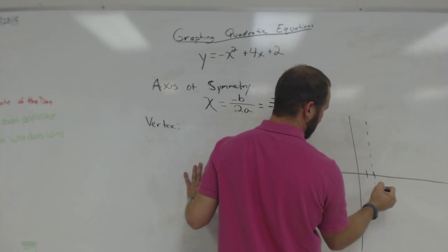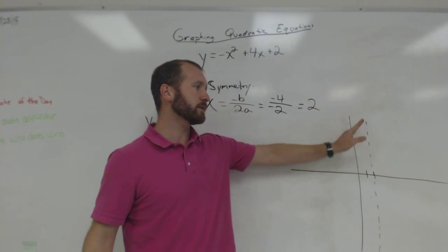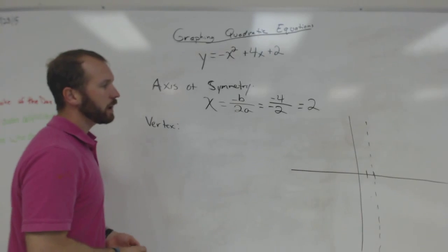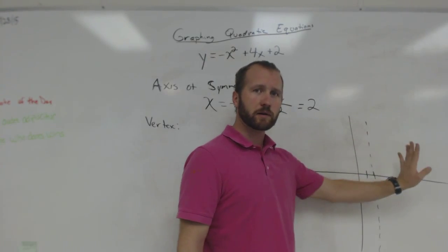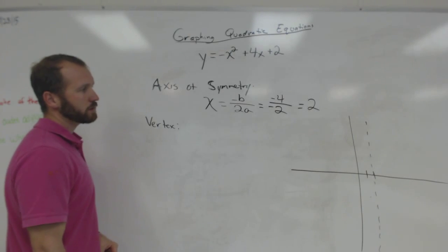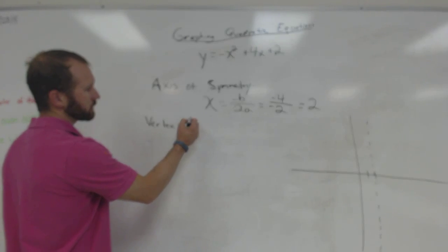Dot, dot, dot. I don't really require that you draw the axis of symmetry on your graph. It can be helpful because it shows you where your symmetry is, right? It shows you how to reflect the points. But the real reason we need it is to do the vertex.